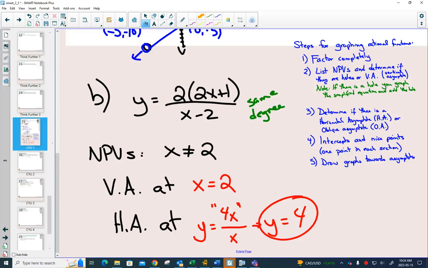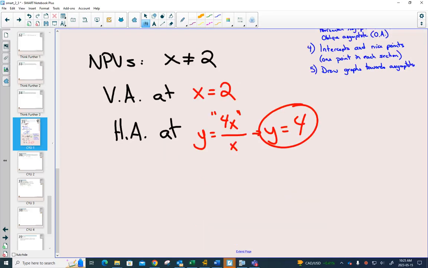Your horizontal asymptote is going to be at y equals 4. So that's step 3: determine if there are horizontal asymptotes or oblique asymptotes, and find them. We are very close to starting to graph this. In fact, once you have your asymptotes, I would say put them on here.